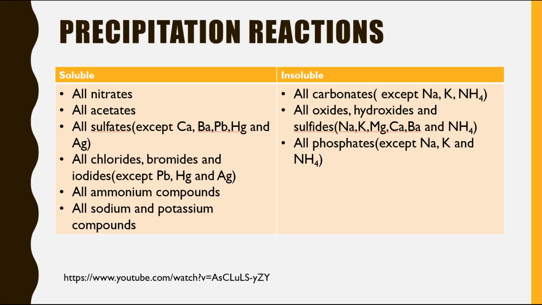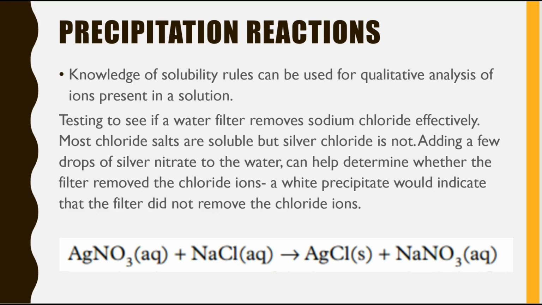Those exceptions are our PMS, so we've got our lead, mercury and silver, and also our Castrobare, so we've got our calcium, strontium, and barium. That certainly covers the majority of them.